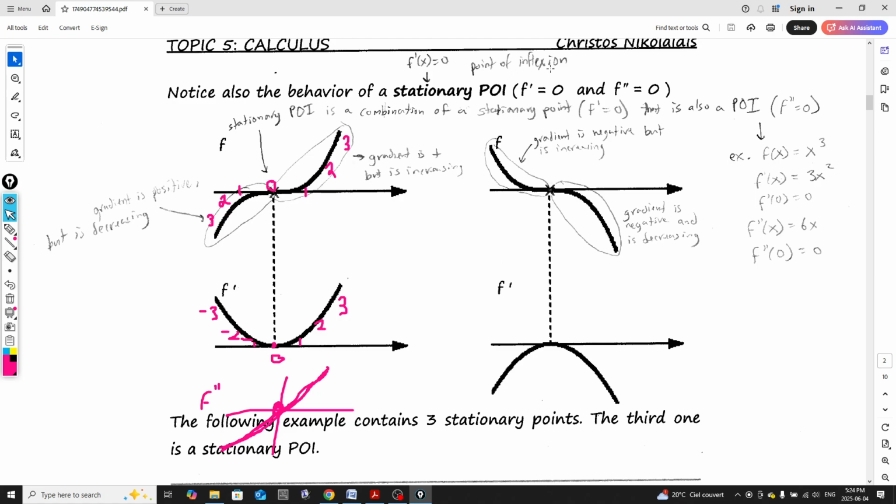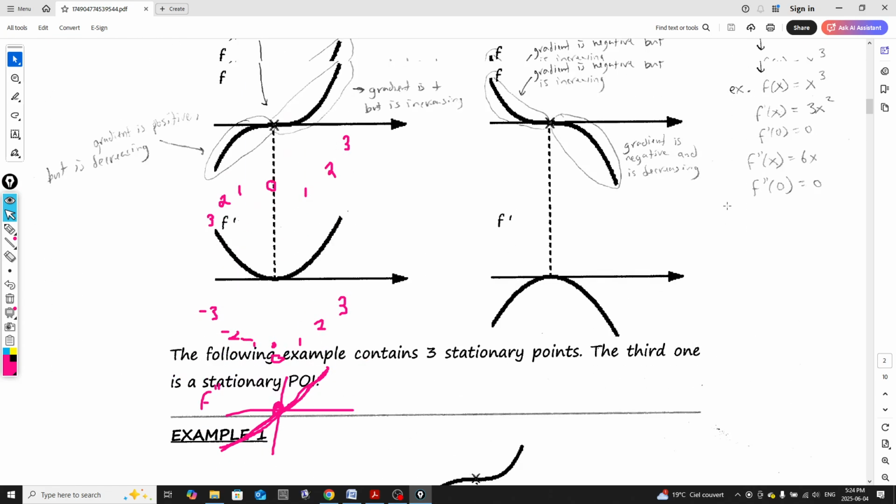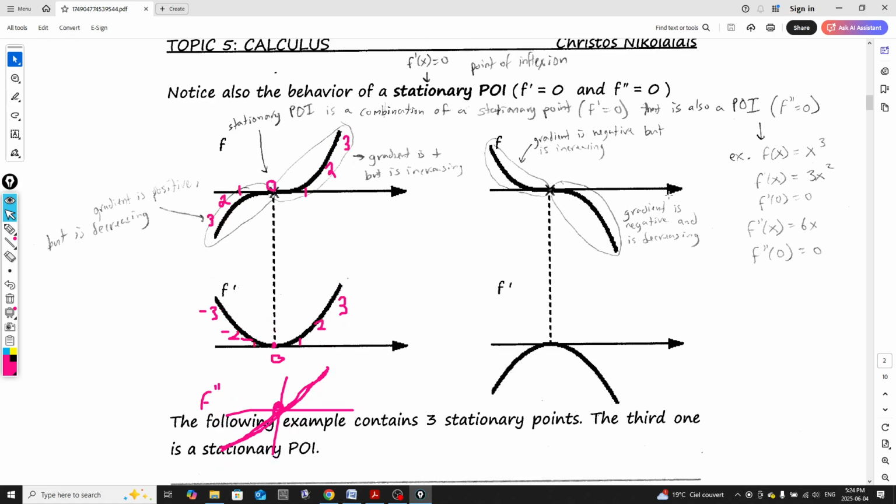So stationary points of inflection are going to be roots in both f prime of x and f double prime of x. And they're going to be roots in f prime of x by being roots that just touch your x-axis. They don't go through the x-axis, they just touch it.